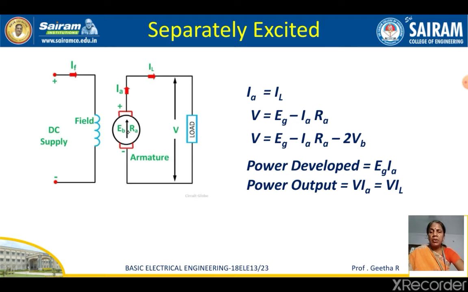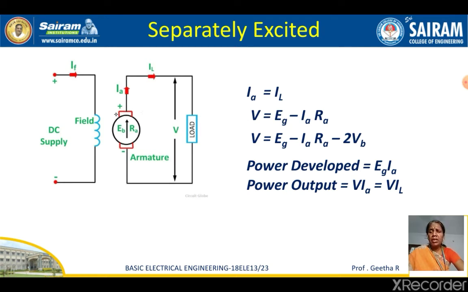So the generated voltage minus Ia Ra will be the terminal voltage. Whatever voltage is generated, a portion of that is dropped across the armature resistance, that is Ia Ra. When that is subtracted, the net is the terminal voltage or the effective voltage here.